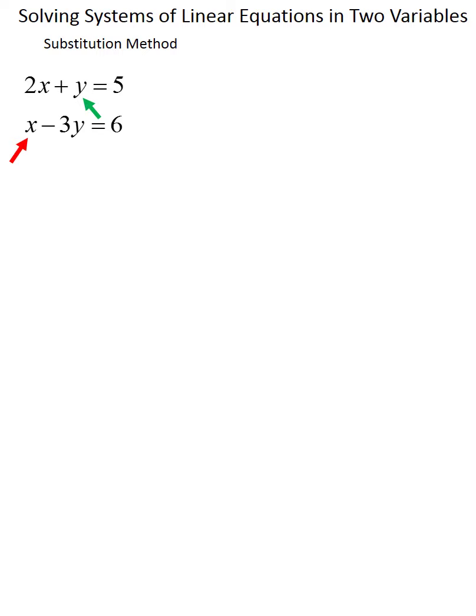In other words, they don't have a visible coefficient at all, and I would recommend in problems like that for substitution that you choose a variable that has no coefficient, meaning it has a 1 coefficient. If no such variable exists, I probably wouldn't even choose to use the substitution method.